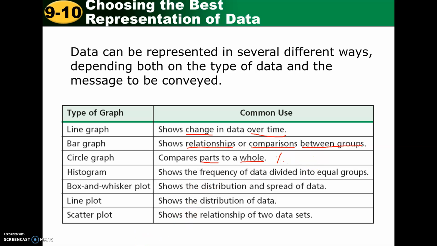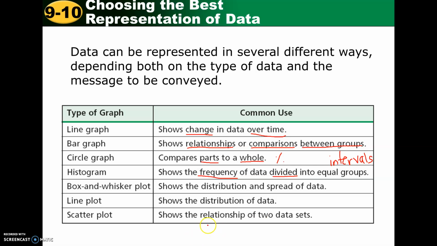A histogram shows the frequency of data divided into equal groups. So a histogram shows the frequency divided into equal groups, which we call intervals.